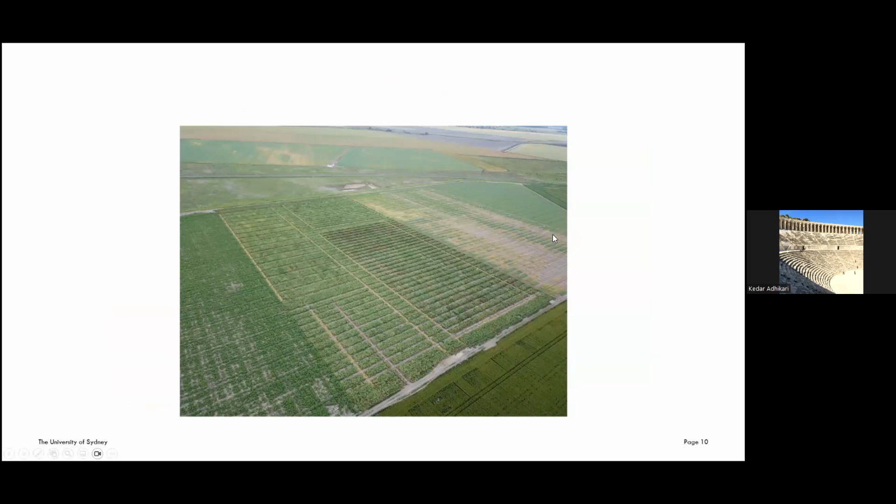You can see the edges here, and this is the plot. So you can easily see how the plots are laid out. These are all machine planted, and we have about 4 hectares of trial land here.